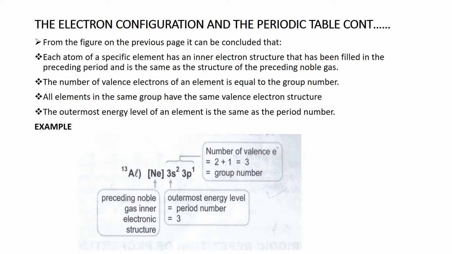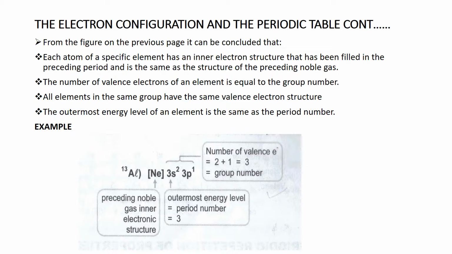So aluminium, its shorthand electron configuration will be the structure of neon, so neon in square brackets and then 3s2, 3p1. Why is that? Because the inner electron structure has been replaced with the preceding noble gas.